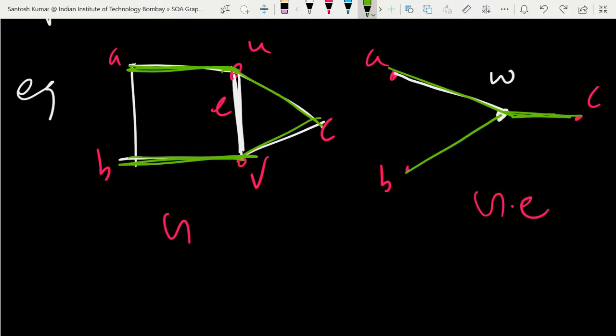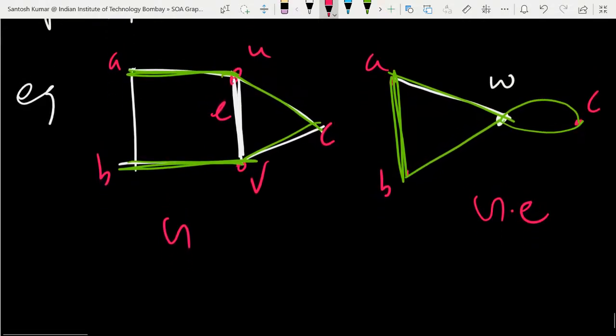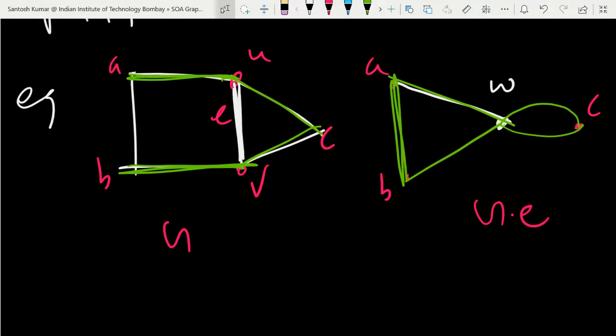There was A to U, so we take A to W, and there was C to U and C to V, but UV shrink to a point W, so you can take C to W twice, multiple edges.